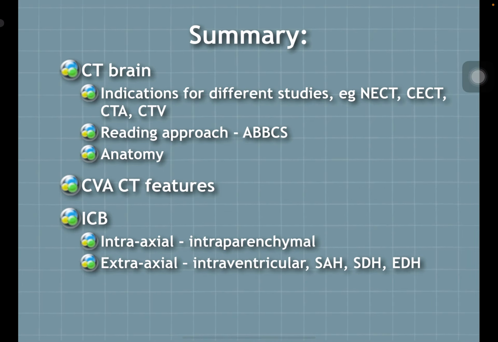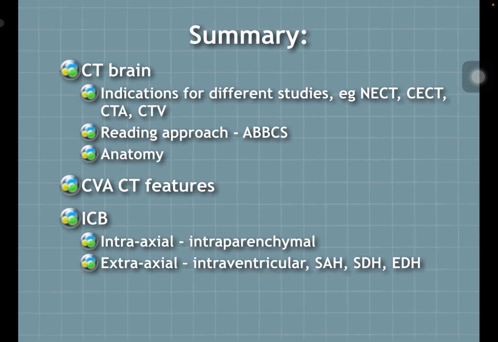So finally, I have come to the end of my presentation. In summary, we have looked at different types of CT brain studies. We have non-enhanced, contrast-enhanced, CTA, CTV, depending on the indication. We have looked at the basic reading approach of CT brain.